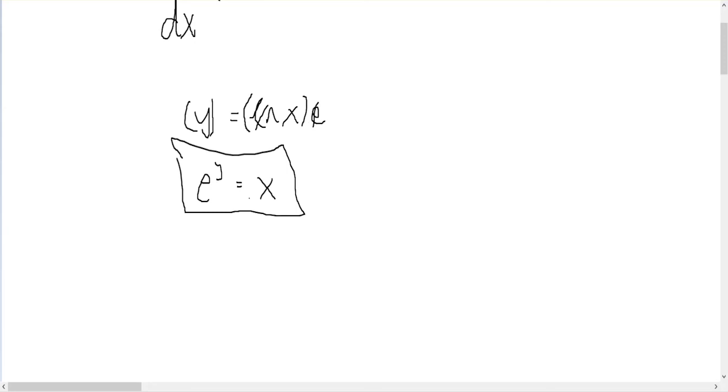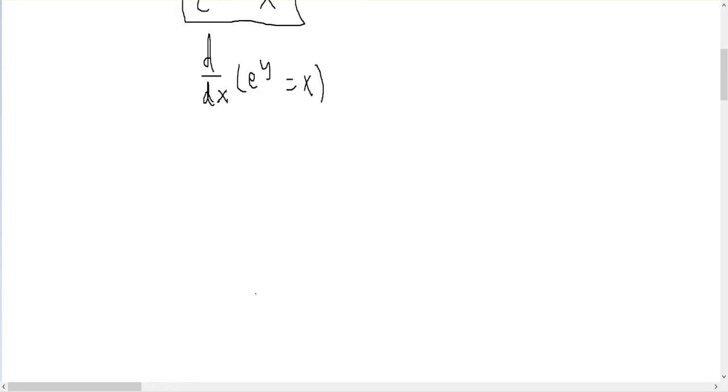So the next thing we can do is, now it's in a form that we can actually take the derivative of. And so we'd have the derivative with respect to x of e to the y equals x. So we're taking the derivative with respect to x of both sides. When you're taking the derivative with respect to x of a y term, it's similar to implicit differentiation, though obviously it's not implicit differentiation because the x and y's are not intermingled.